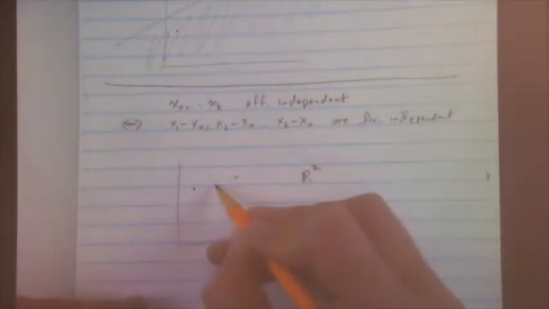No? Is that R3? Sorry, this is supposed to be R3. It's hard to tell where they are. Let's forget about that and make this R2. No, they're not affinely independent.